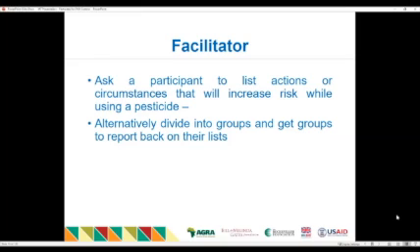You will see in some of the materials that we make available on the website, and at the end of this presentation you will see a link to the website where all these training materials have been deposited. You will see slides in the presentations that have a blue text.